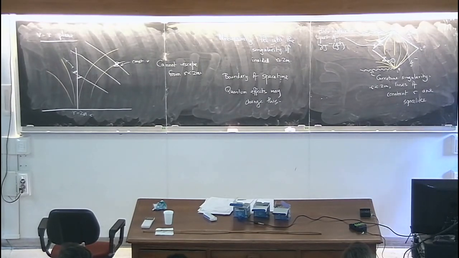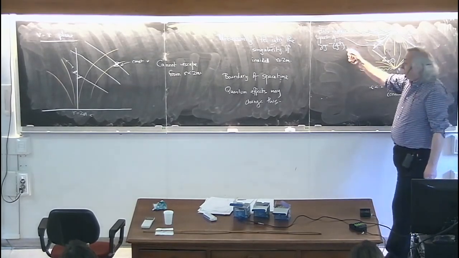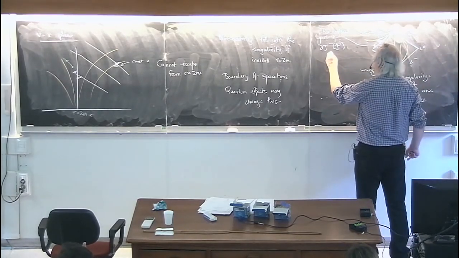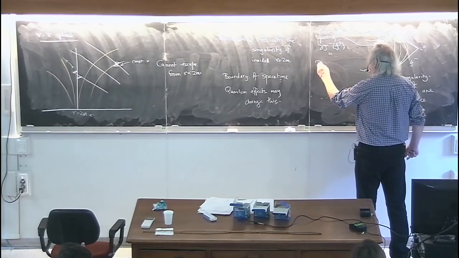In Minkowski space, the boundary of the causal past of Scri plus was just simply Scri itself, which was uninteresting. It didn't really exist. This thing is sometimes called the horizon. And in fact, it's a black hole horizon.